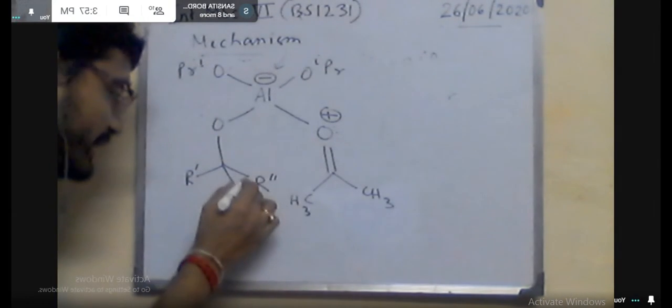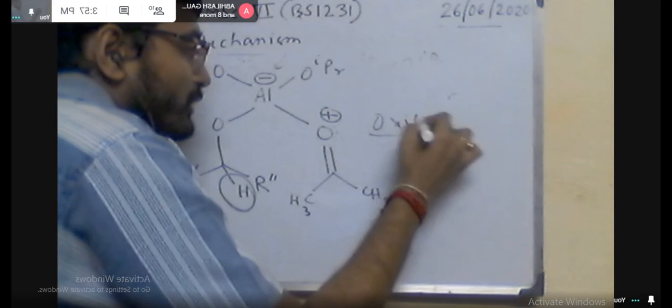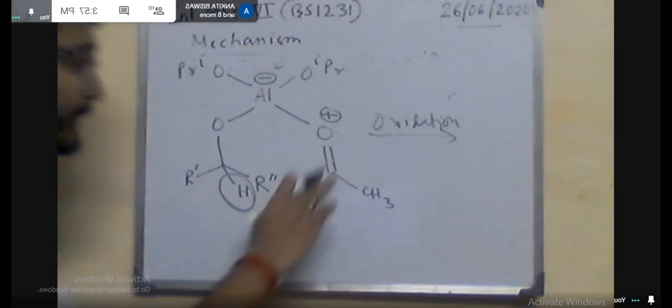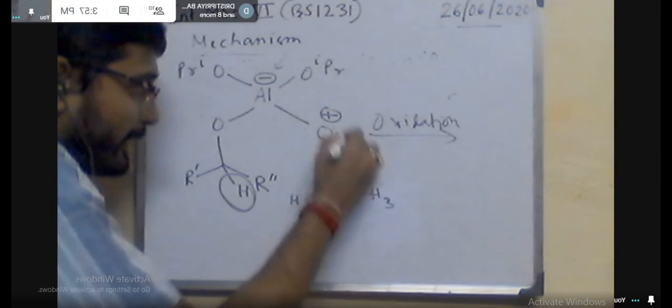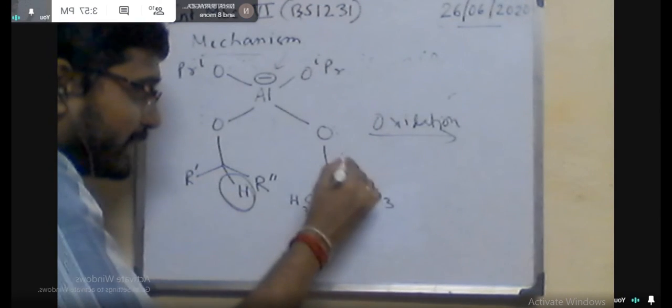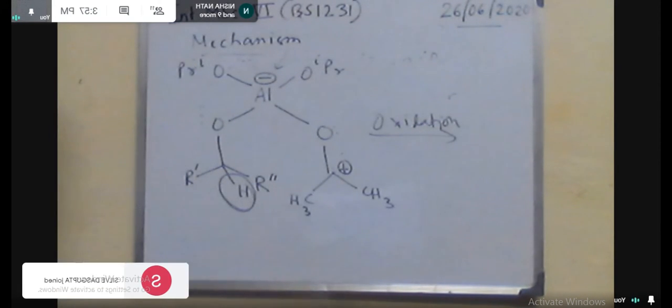So in this case, we can show the mechanism this way, that aluminium isopropoxide, this is the isopropanol, 2-degree alcohol, and this is the acetone.